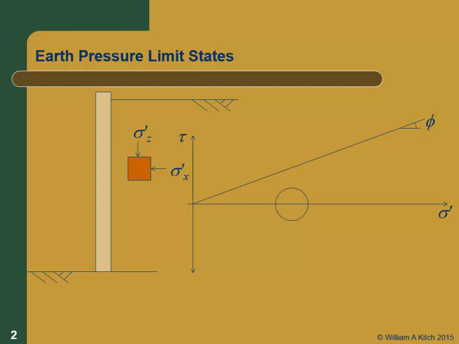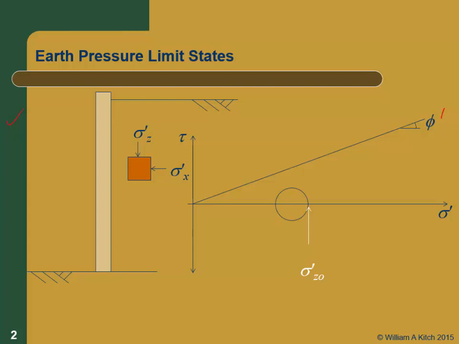So we have, I should have a sigma prime here. So we have a strength envelope with a constant friction angle and no cohesion. And this circle here represents our at-rest conditions.